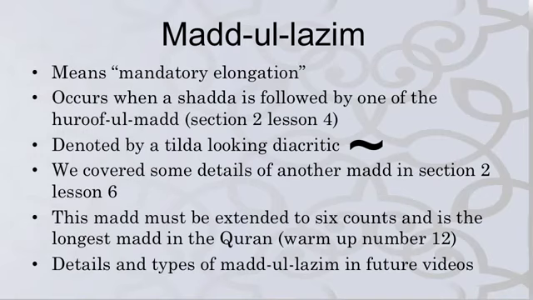The specific case of elongation occurs whenever a Shadda is followed by, actually this is written correctly, I will correct this when I revise this PowerPoint. When a Shadda immediately follows one of the huruful mad. In section 2 lesson 4 we discussed the 3 huruful mad. What were they? If you want, you can watch section 2 lesson 4.